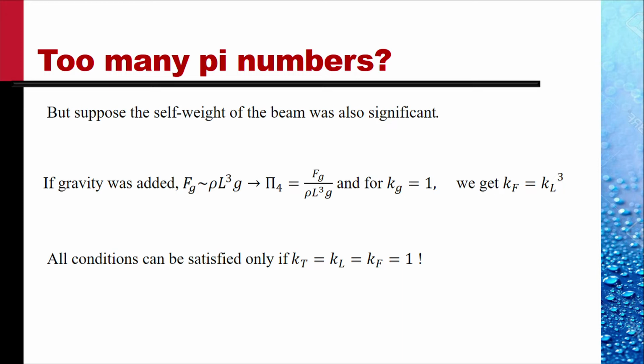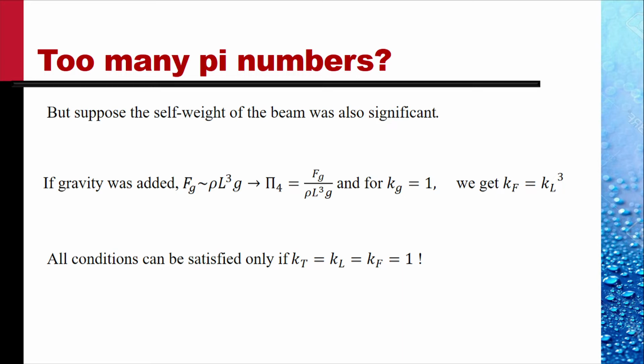Then the weight would come into picture, and the gravity force Fg, which is like the volume times g, rho L cubed times g, gives you a fourth pi number Fg divided by rho L cube g. And for Kg equal to 1, as we work in Earth environment, we get Kf equal to Kl cubed.